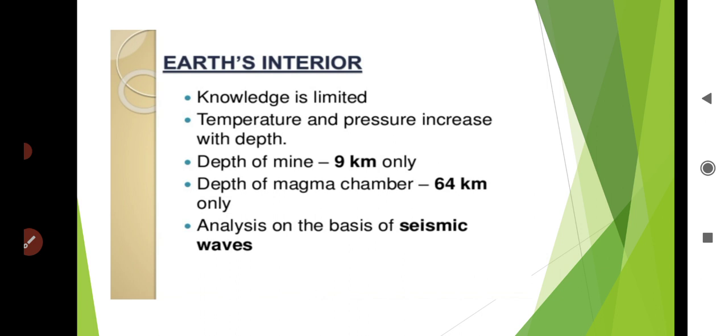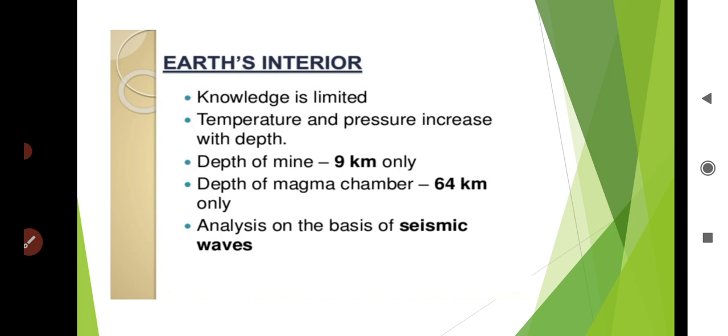Temperature and pressure increase as we go deeper and deeper, as in mines, which are seen up to a depth of 9 km, and the magma chamber, which is seen up to a depth of 64 km.